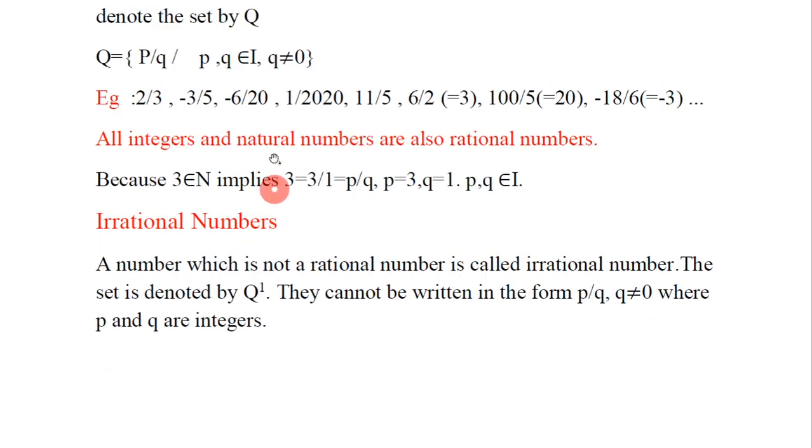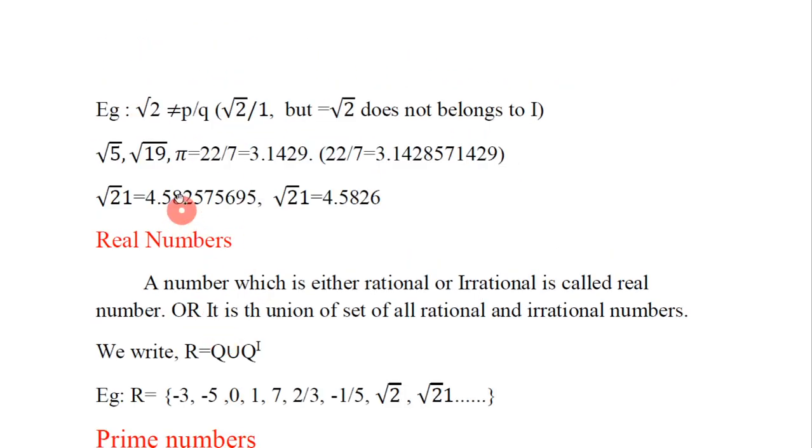We can see that square root of 2 is not in this list. Also, it is not possible to write root 2 in the form p by q. If we write it as root 2 divided by 1, this root 2 is not an integer. So it is not of the form p by q where p is an integer, because root 2 is not an integer. So, root 2 is regarded as an irrational number.